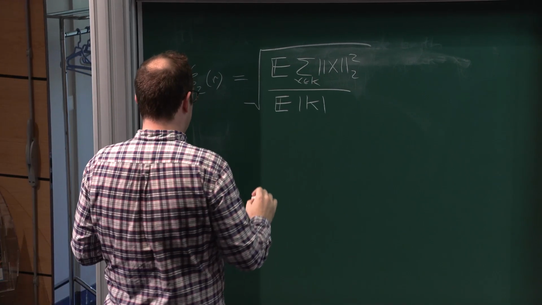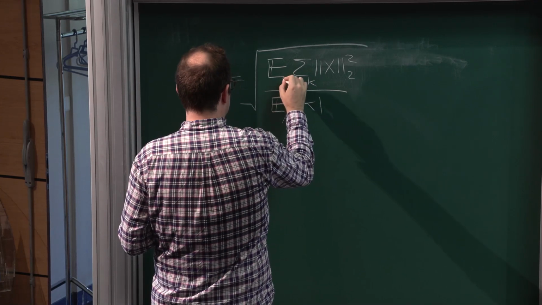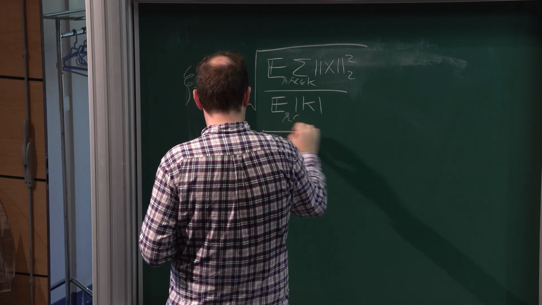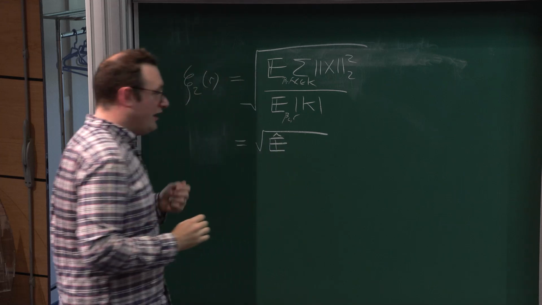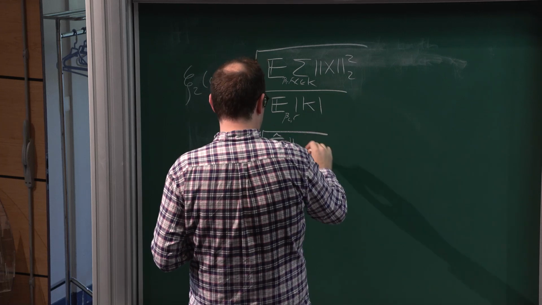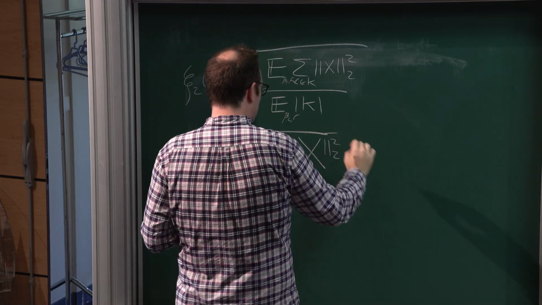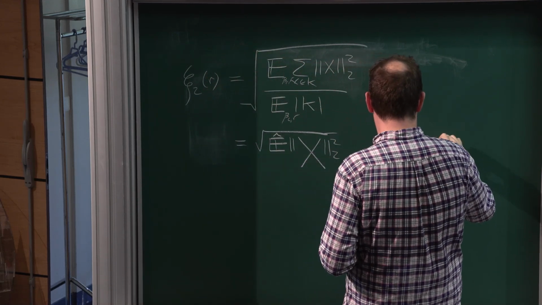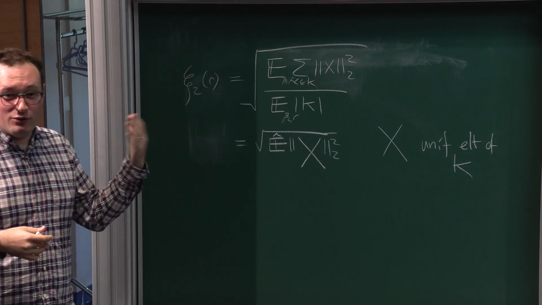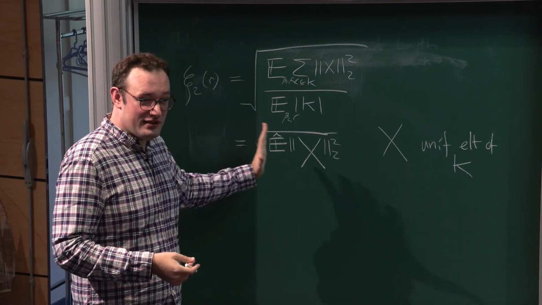Or equivalently, if E hat, and these are all beta CR, it's the square root of the expectation under the size bias measure of, uppercase X squared, where big X is a uniform element of K. So if I sample K according to the size bias measure, pick a uniform point, look at its squared Euclidean norm, take the expectation of that under the size bias measure, take the square root.